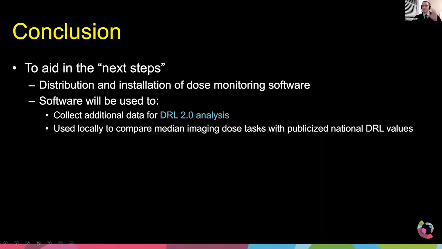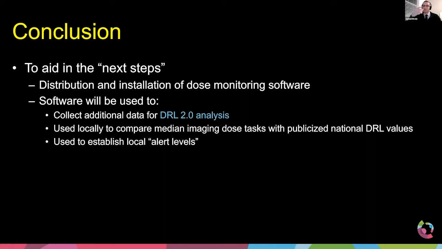So this helps with the local, individual hospital optimization process. And we'll talk about this as we go through each modality, but when you have this software, it helps to establish alert levels, so that this is the point where a radiologist can start looking at patient-specific examples.